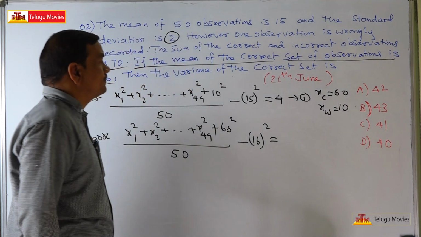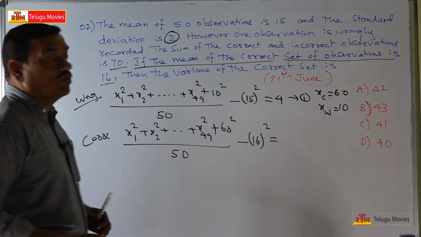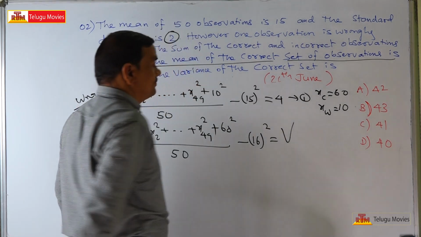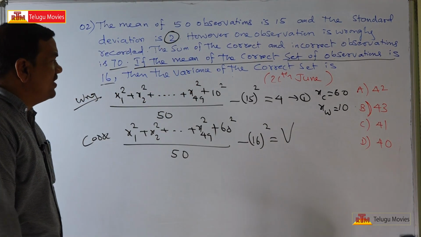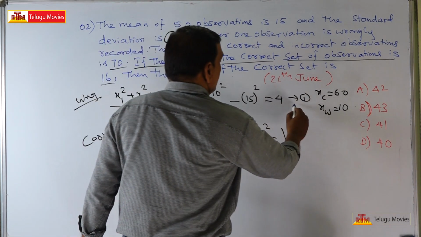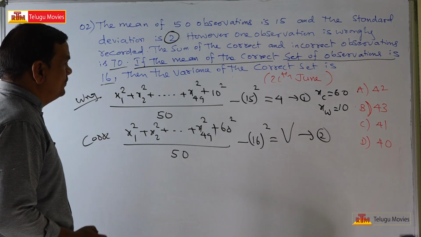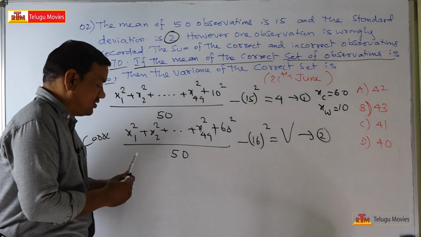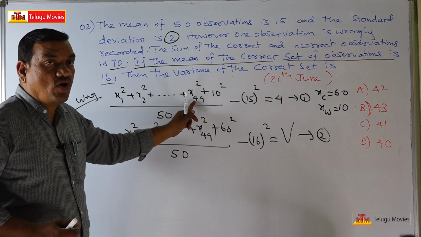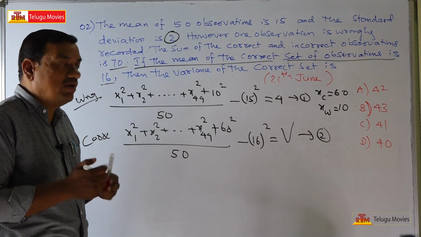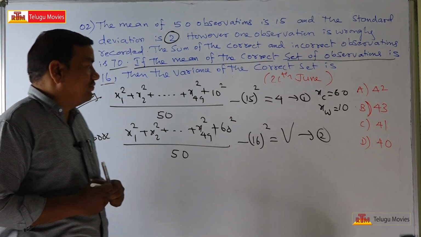This variance we have to find; call it V. Very easy one. Call it the second equation. If you subtract, all the x1 to x49 data will be cancelled.